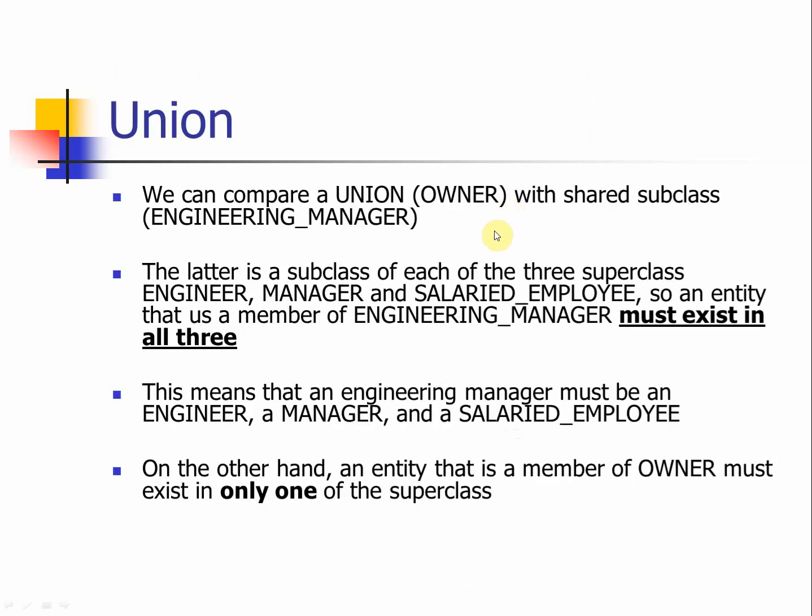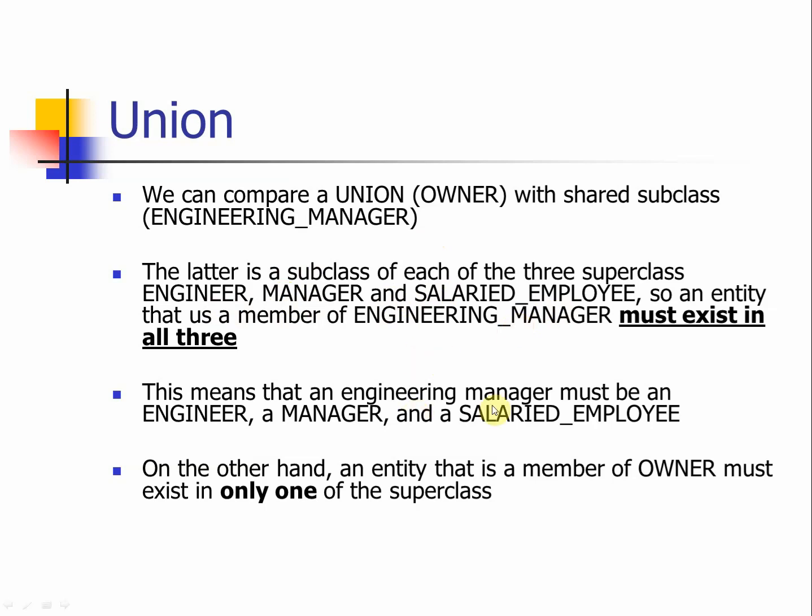So we can compare the union with shared subclasses. What is a union and what is a shared subclass? A shared subclass is a subclass that takes multiple inheritance from engineer, manager, and salaried employee as an example that we see.